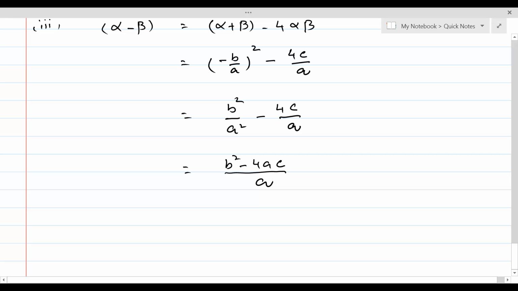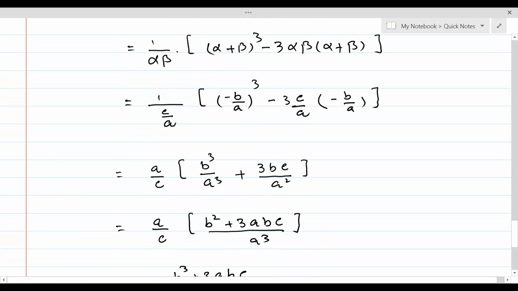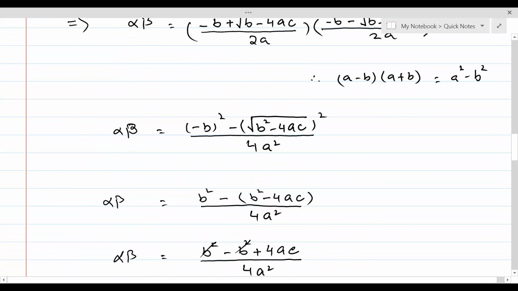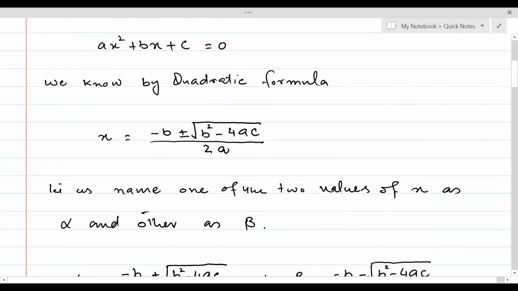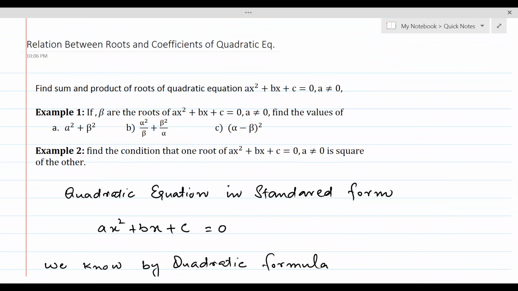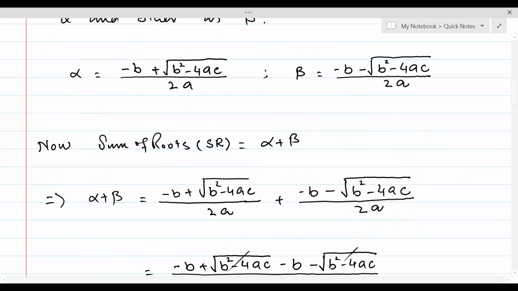And now we are going to take a look at the next question here. The next question says, find the condition that one root of ax square plus bx plus c is the square of the other.